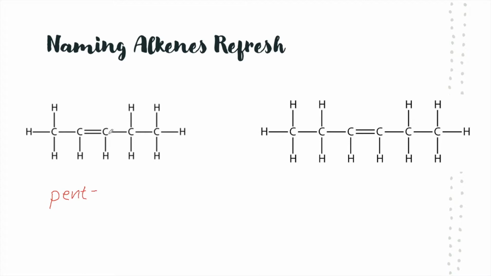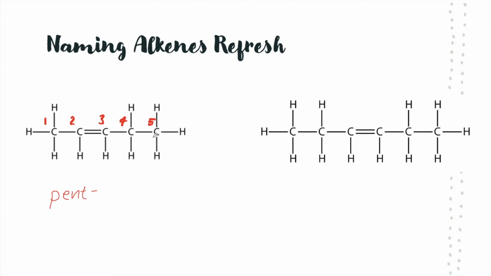Next, we are going to number the carbons in this chain to give the carbon where the double bond starts the lowest possible number. If we were to start here, 1, 2, 3, 4, 5, our double bond would be on carbon 2.